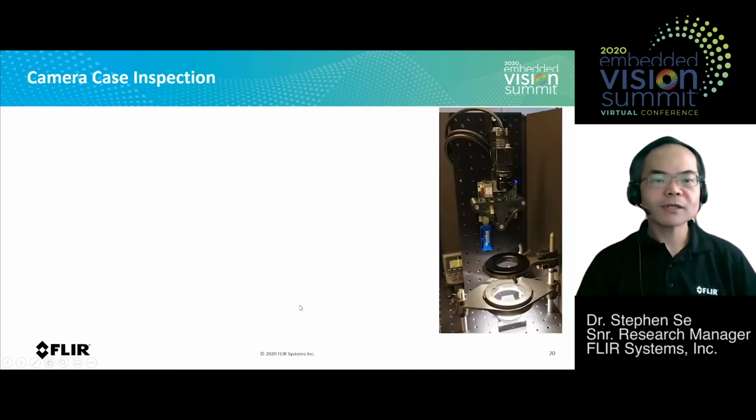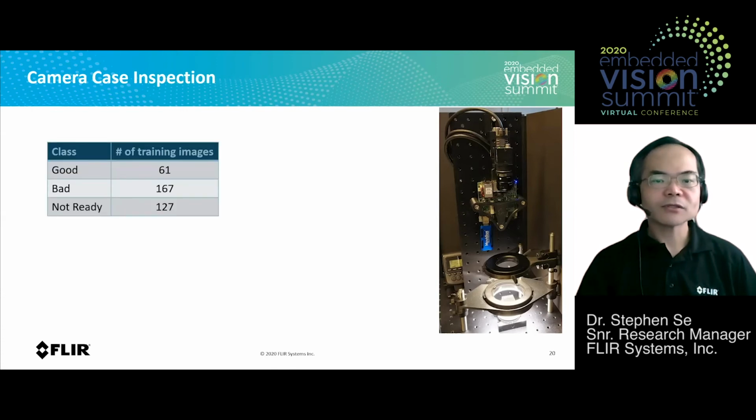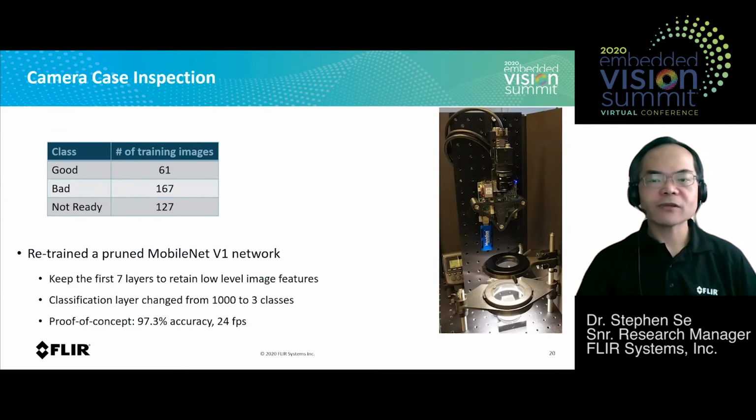We built a prototype system that consists of a camera, a single board computer, and a neural compute stick, as shown in this photo. Under a well-controlled setup and lighting, we use MobileNet for transfer learning using relatively few training images.